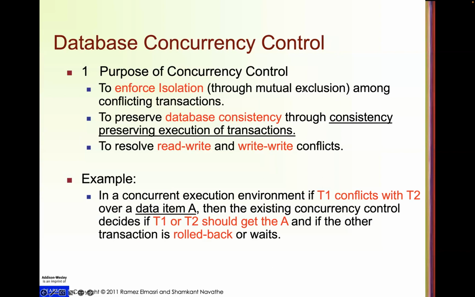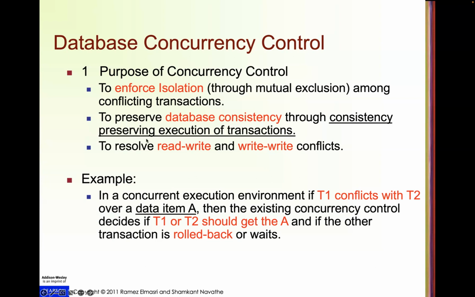Hence, mutual exclusion between the transactions is needed so that a data item looks visible to only one transaction at a given point of time. This helps the transactions not to conflict with each other. Hence, to enforce isolation through mutual exclusion among conflicting transactions is one of the reasons why concurrency control is needed.